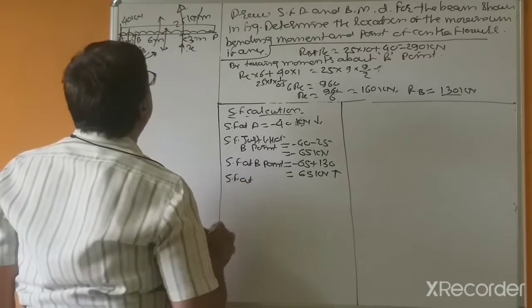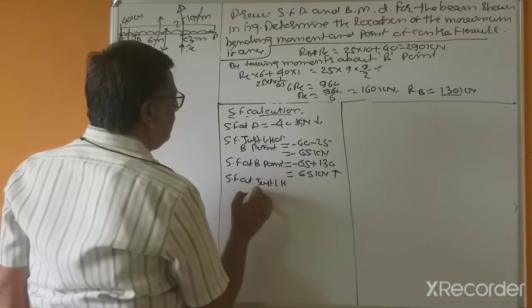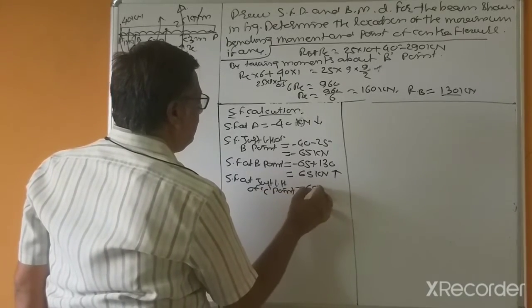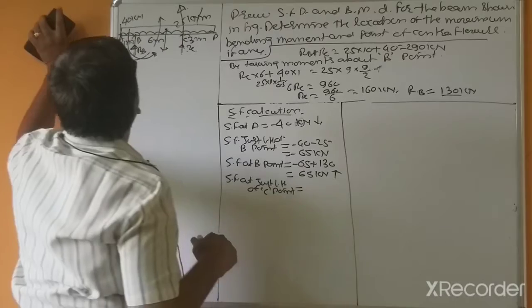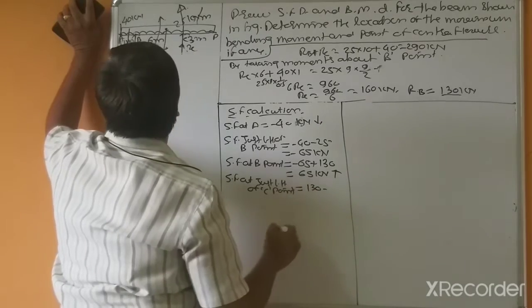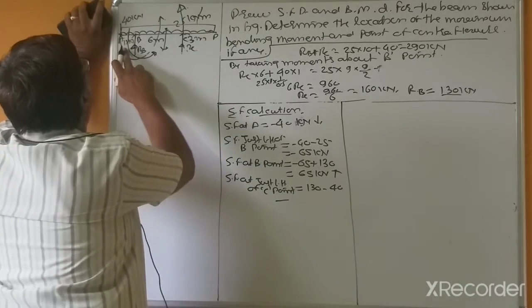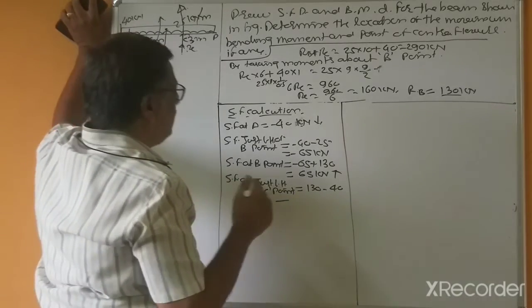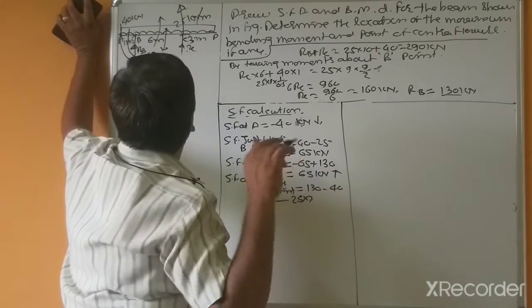Shear force just left hand side of C point, we'll take all forces: RB equal to plus 130 kilonewton minus 40 minus 25 into 7, this is 1 meter, because this is downward force.